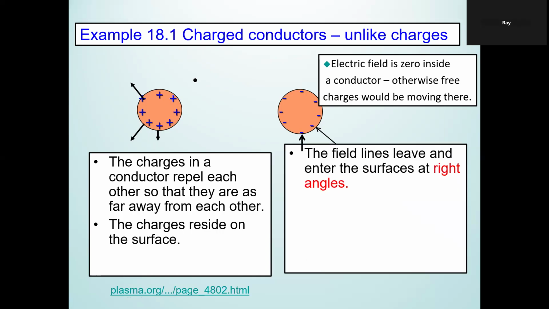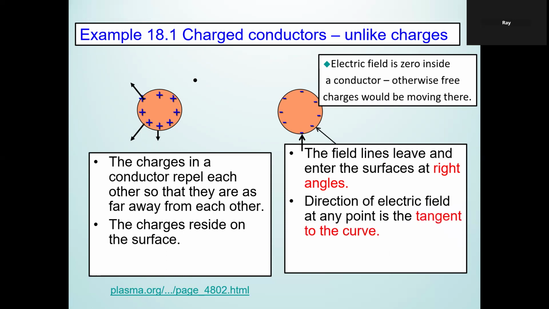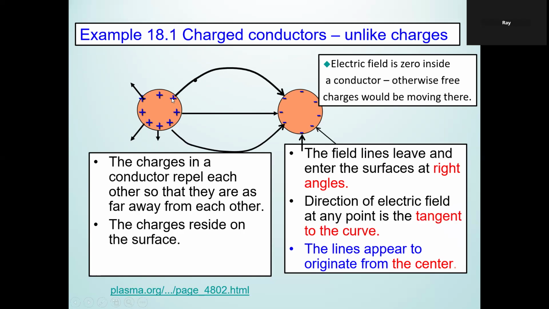The field lines leave and enter the surface at right angles. The direction of the field line at any point is the tangent to the curve. Field lines appear to originate from the center. They leave at the surface at right angles, and if you produce them backwards, they go to the center. Same here, it enters the surface at right angles and continues towards the center.